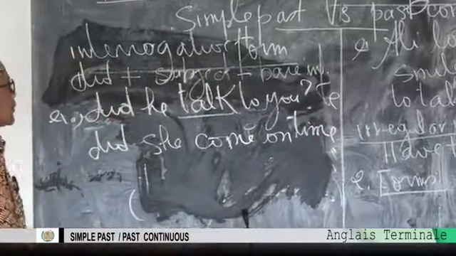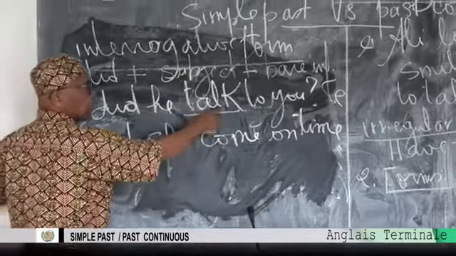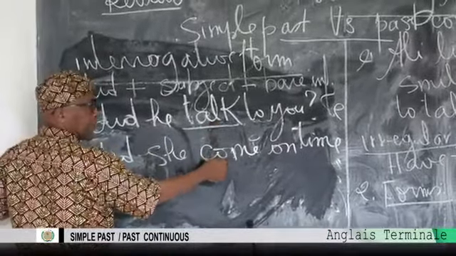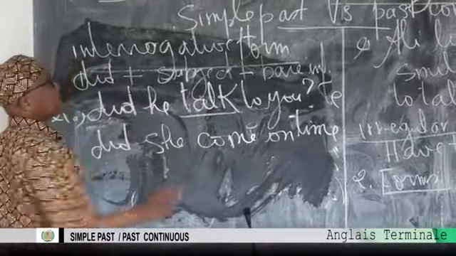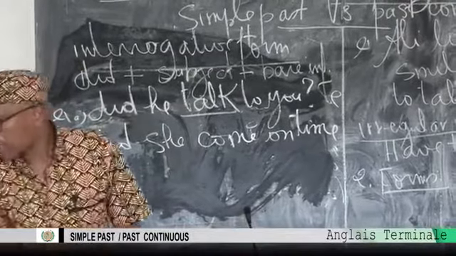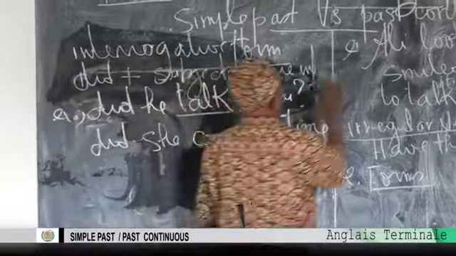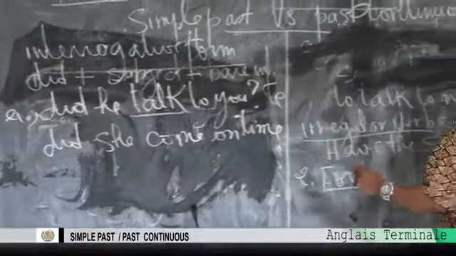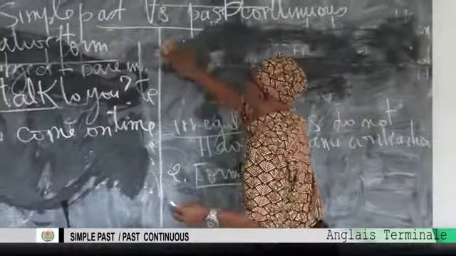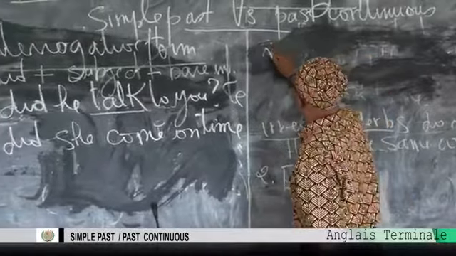Did she come on time? You can see, this is a regular verb, this is an irregular verb, and the construction is the same. Now, let's move on to the other form, in this case, the negative form.